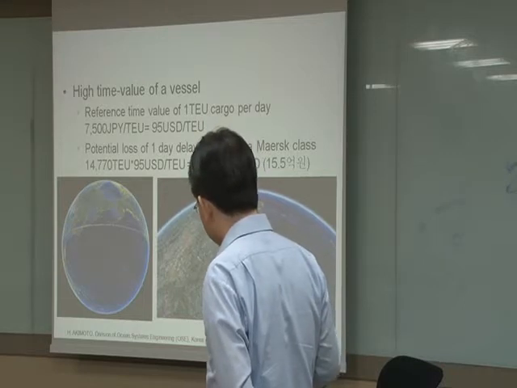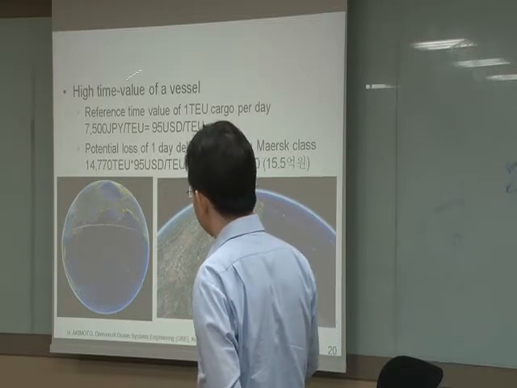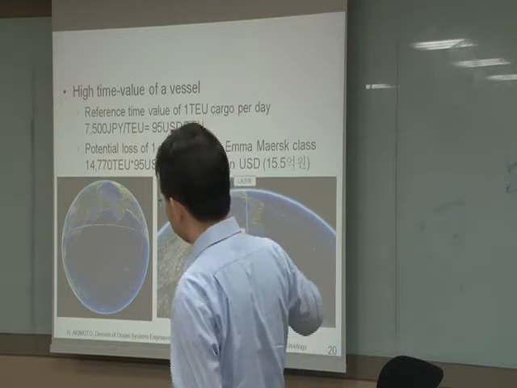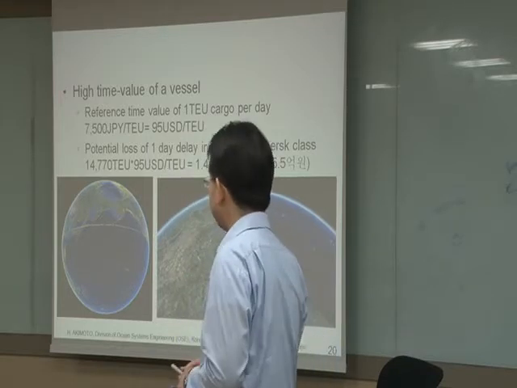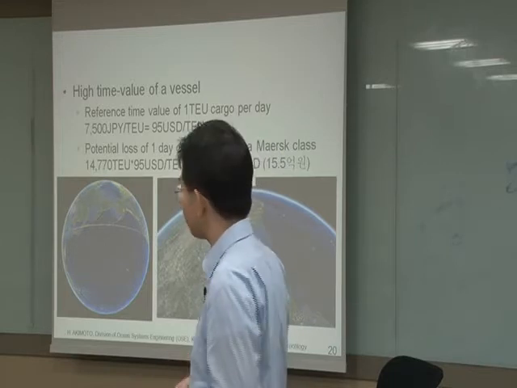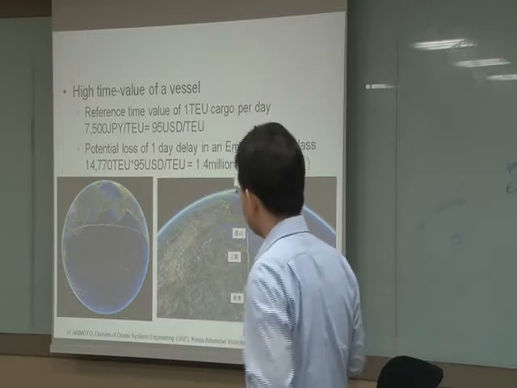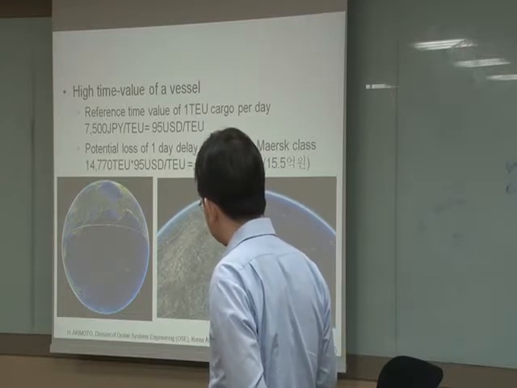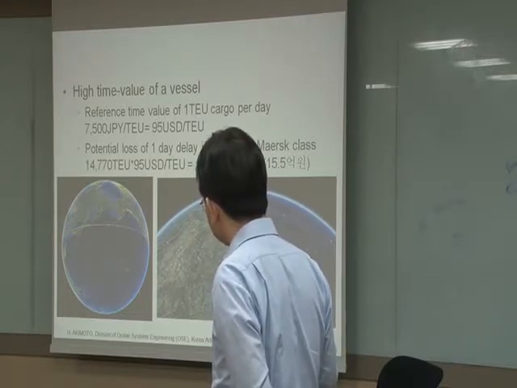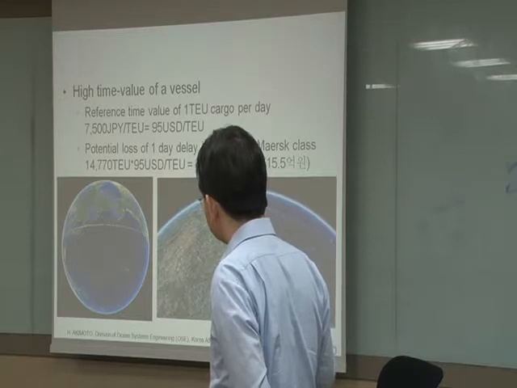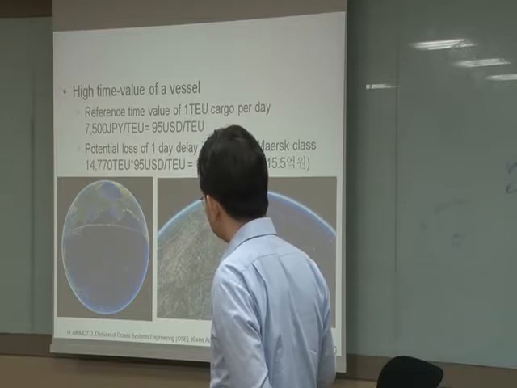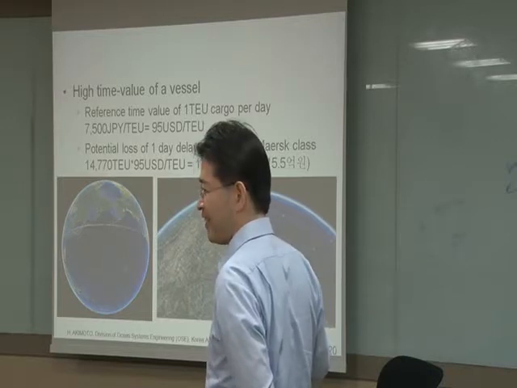So this large ship wants to go straight, reducing loss of time as much as it can. So the present path is like this. From Hong Kong, it will go to here, and it goes to Busan, and they will pass Japan.